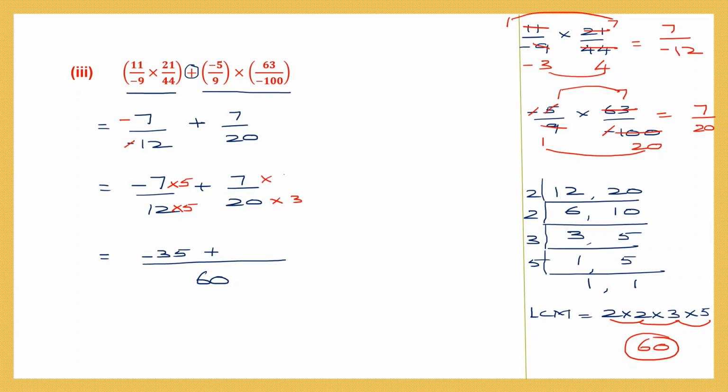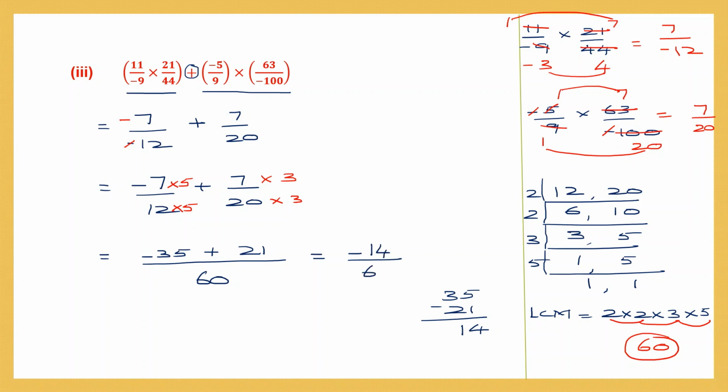So multiply 7 into 3. 7 3s are 21. So now we have minus 35 plus 21. Signs are different. So let's put the sign of the bigger number and subtract. Subtract 35 and 21. So 5 minus 1 is 4 and 3 minus 2 is 1. So we get minus 14 here.